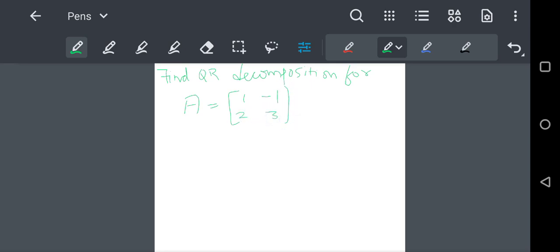As I told you already, this is your u1 and this is your u2. So u1 is 1, 2 and u2 is minus 1, 3.